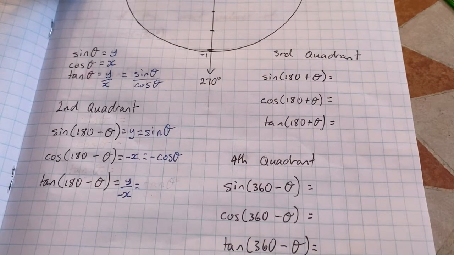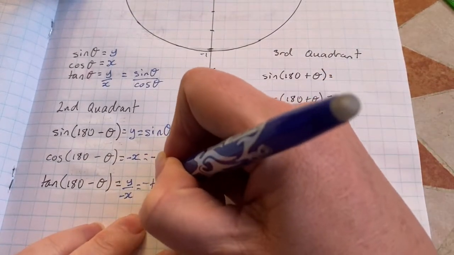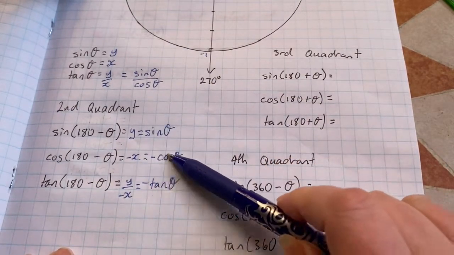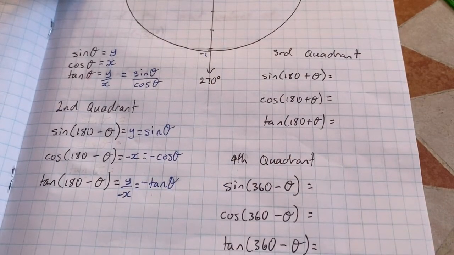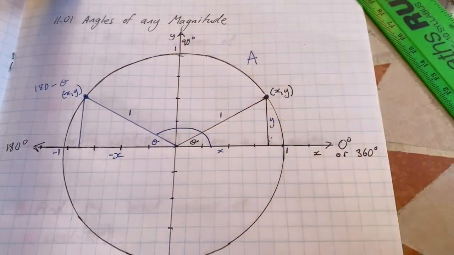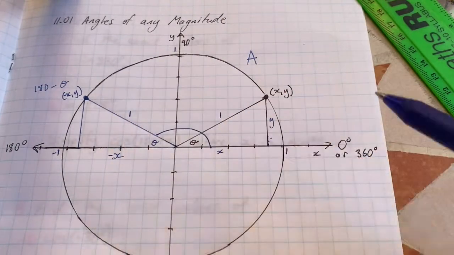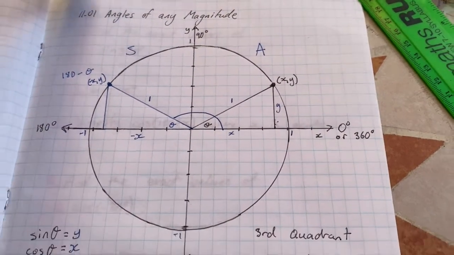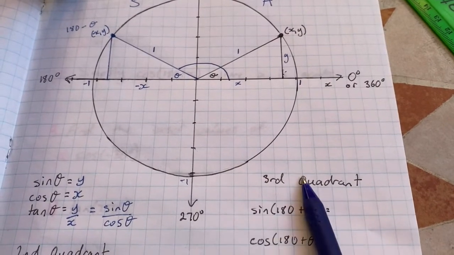So it's equal to negative tan theta. So you can see here the sine came out positive, but the cos and the tan came out negative. So in the first quadrant, they were all positive. All three of them were positive. We've talked about this before. In the second one, only sine is positive.